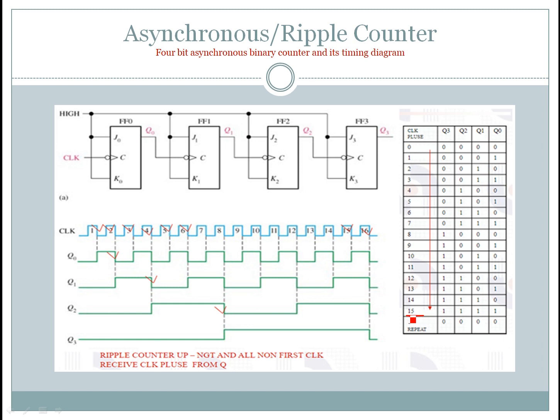You can see here for the 16th clock pulse again it repeats. So here again I use the negative edge triggered JK flip-flop, and the working is similar to whatever we discussed in the 3-bit asynchronous counter.